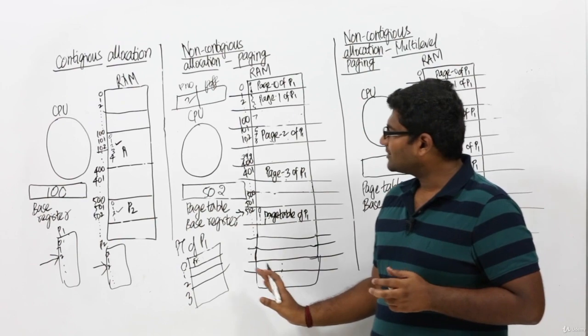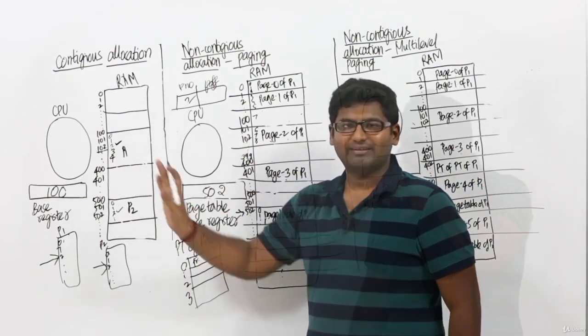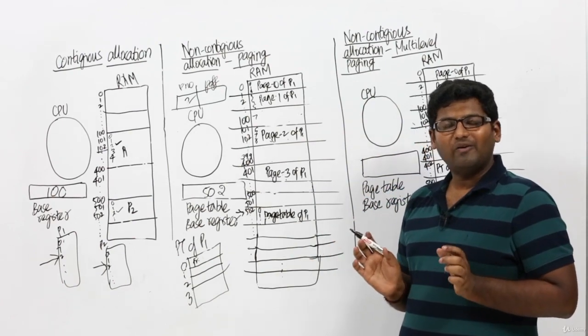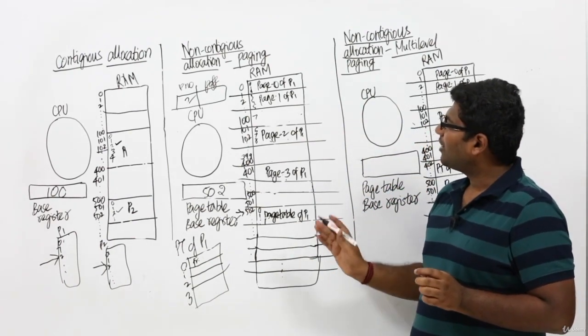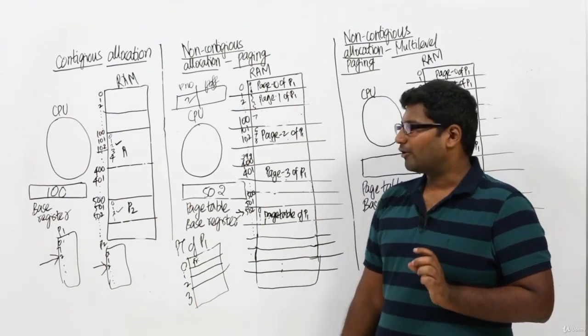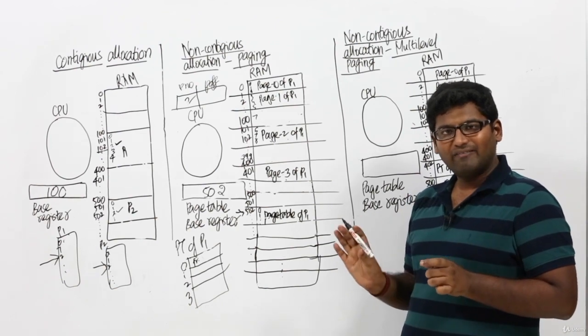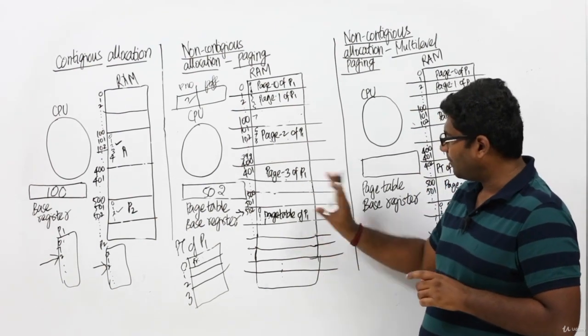Fine. So this is what is happening here. This needs two memory accesses. This needs one memory access. Now one important point you need to understand here is, here we are using single level paging. Why? Because we have one level of page table, which means we have only one page table.